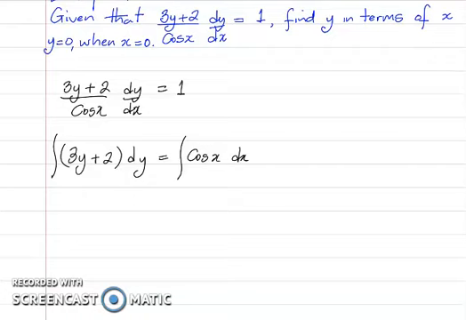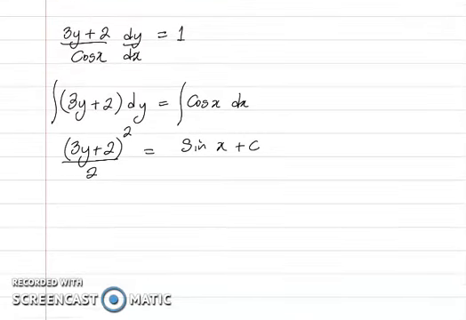We can integrate a linear factor like this. We're going to say (3y plus 2), increase the power of the linear factor by 1, divide by the new power, and that's equal to, if I integrate cosine, I'm going to get sine. So this is sine x plus c.